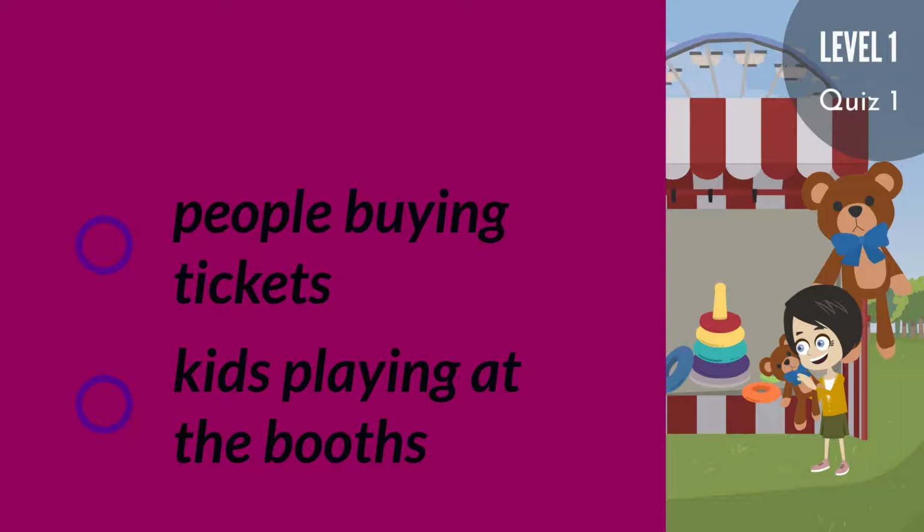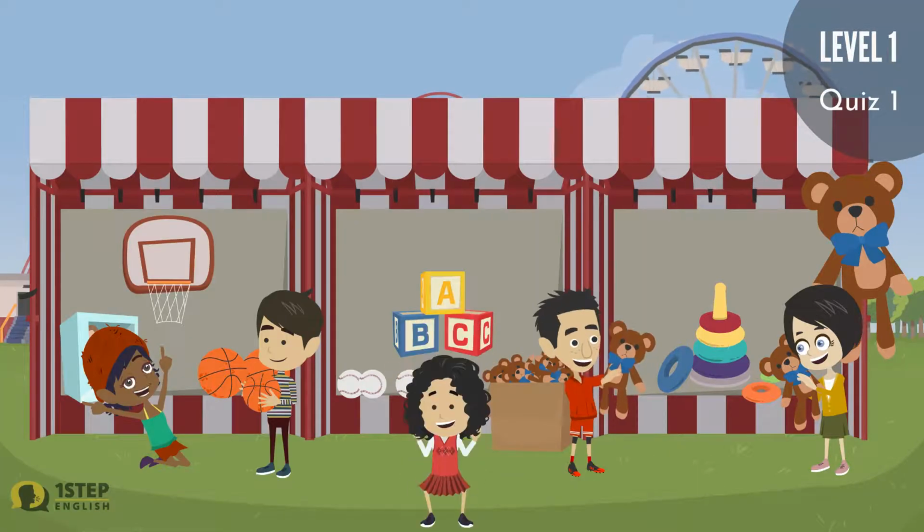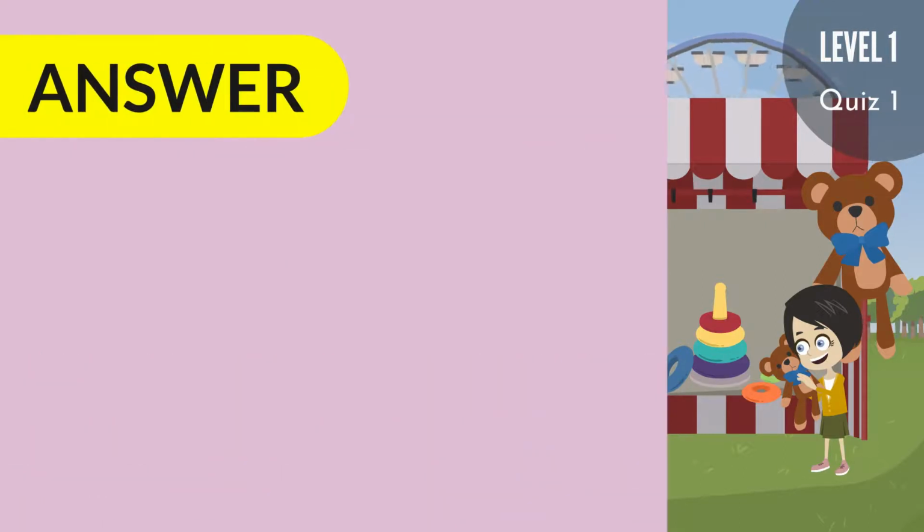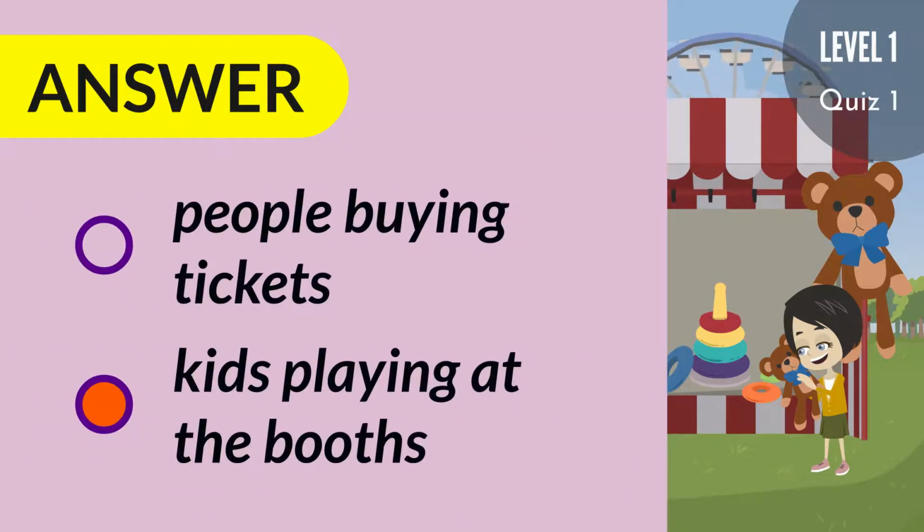Number 8. People buying tickets. Or, kids playing at the booths. The correct answer is, kids playing at the booths.